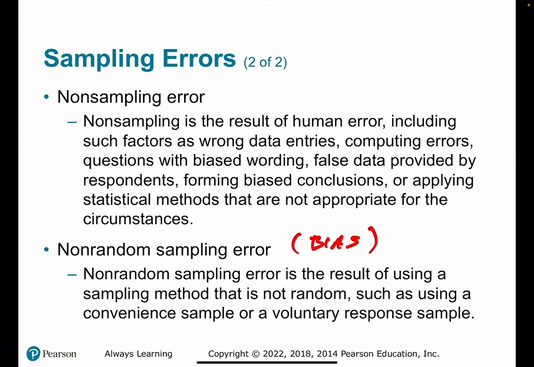So like I said, in that case, there's going to be some sort of bias. Because remember, we talked about before, with a voluntary response sample, usually it's people that have strong feelings one way or the other, who volunteer their time to provide what they think, or take the survey or whatever. But then also convenient sampling can also be a big source of bias.